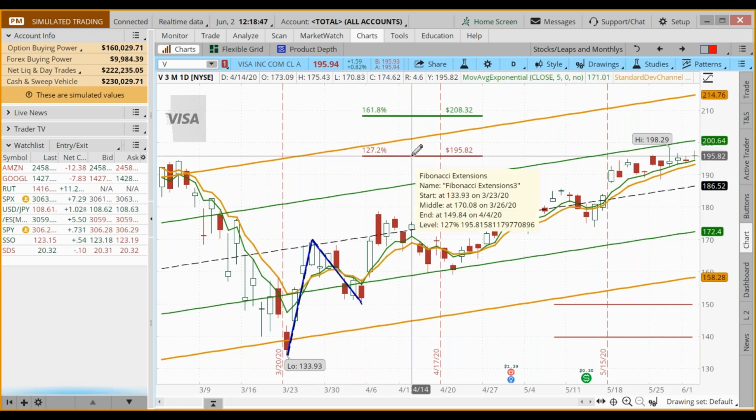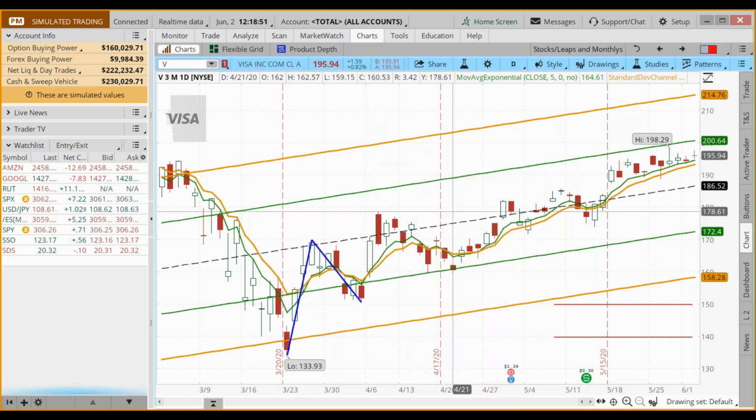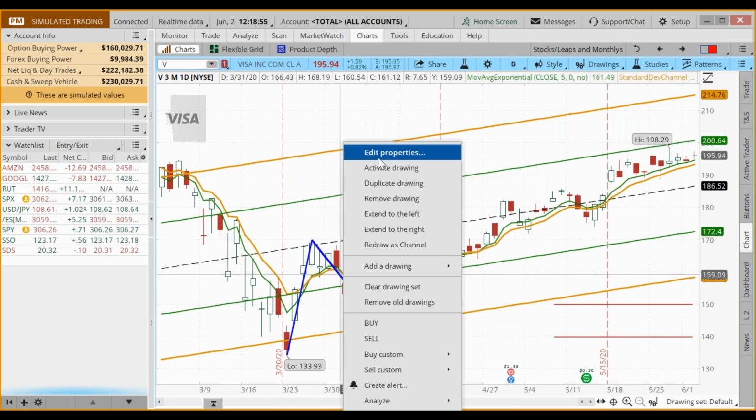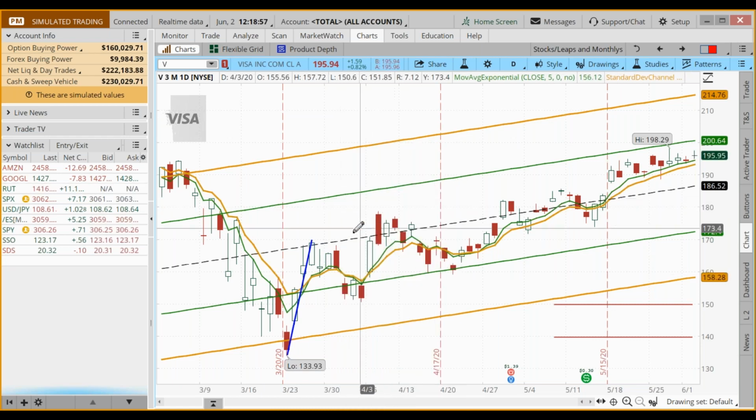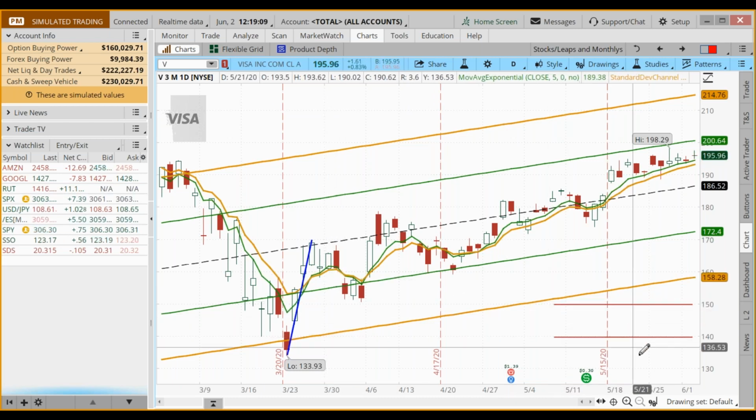Okay, let me get rid of this because I don't want to have too many drawings on my screen, and I don't want to see this just yet either. Because I had a measured move to the downside right here, let me show you that.